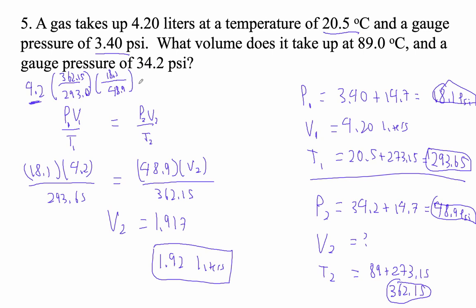I mean, let's make sure that I did this right. 4.2 times, I'm going to use the fraction thing, 362.15 on top and 293 on the bottom. I'm going to go another fraction. Oh. That's kind of funny. That was unexpected. Okay, I'm going to do a parenthesis, and then I'm going to throw another fraction in there.